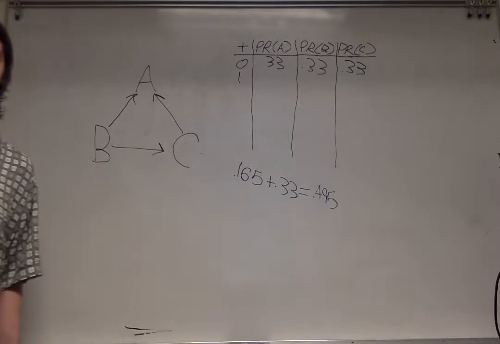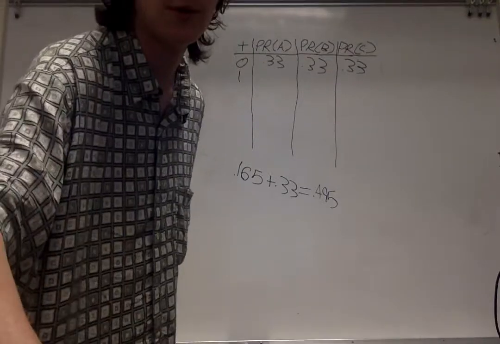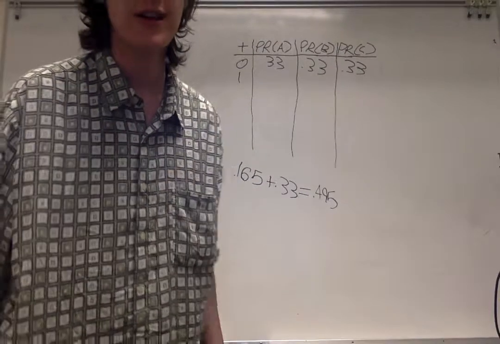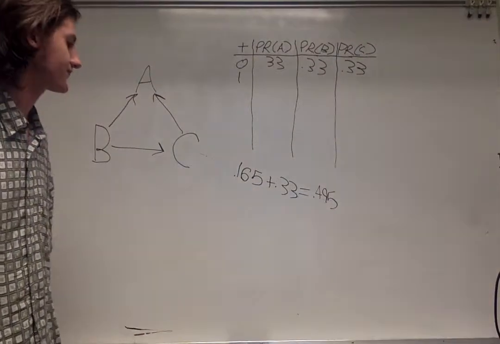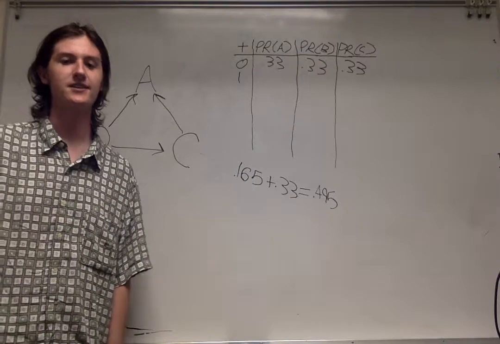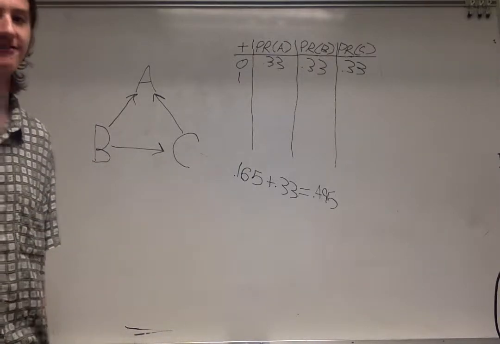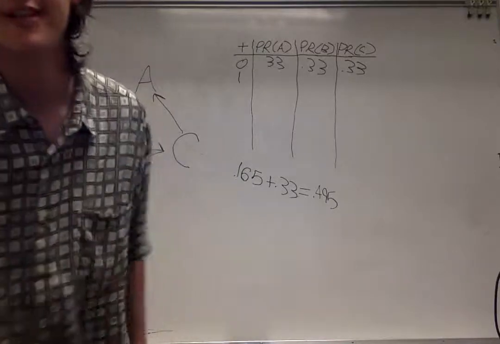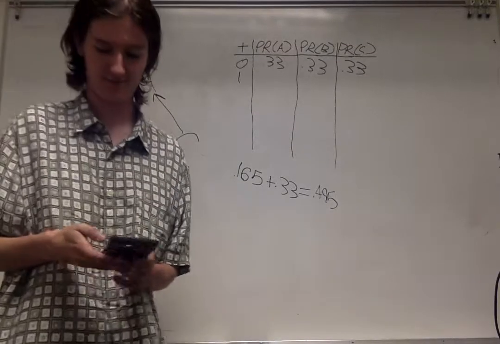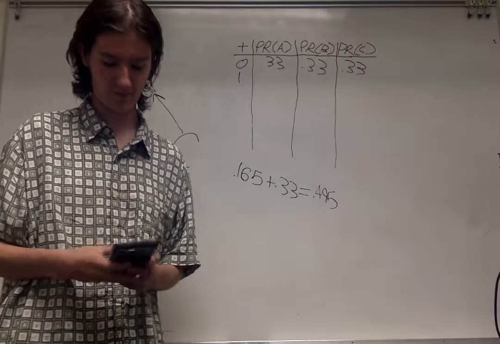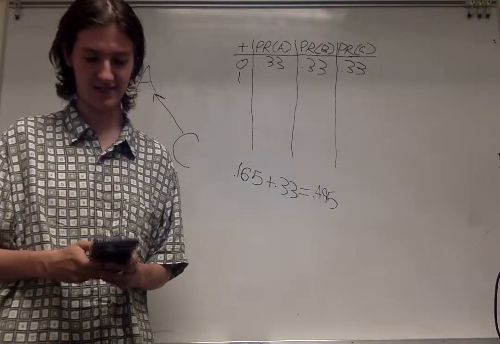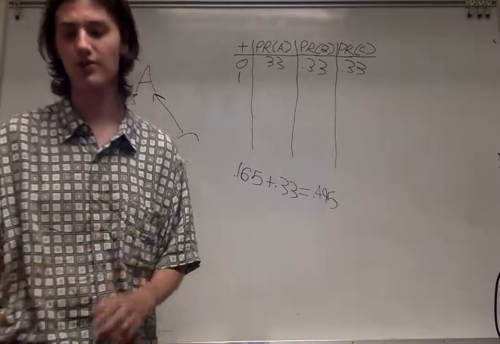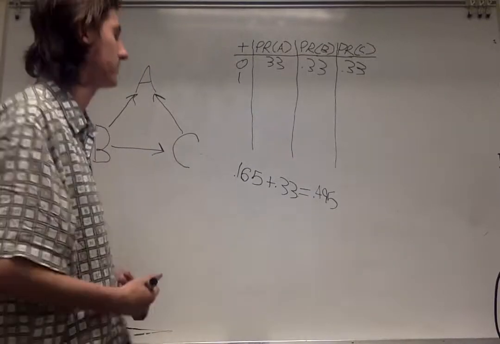Next, we're going to want to multiply this number, 0.495, by 0.85. Got a calculator here. 0.495 times 0.85 gives us a score of 0.42.